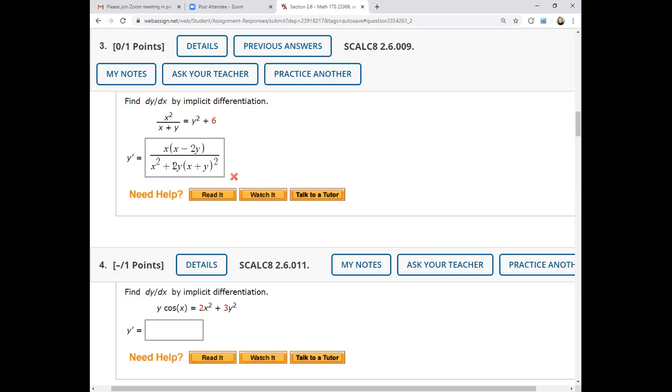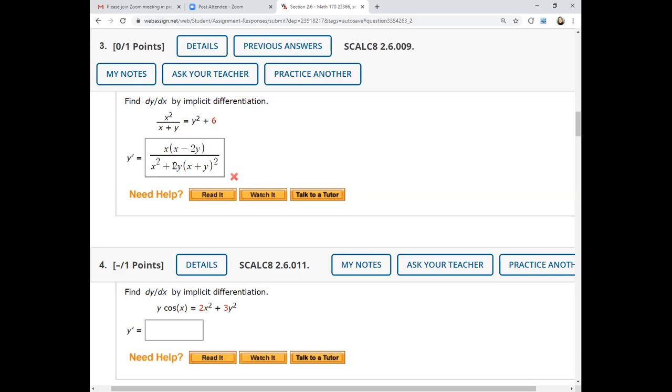So this is x squared minus x squared y minus y cubed is equal to 6. Then I do the derivative, which is going to be a lot nastier, but it's going to be x plus y times the derivative with respect to x of all three of those terms, which is going to be a mess.